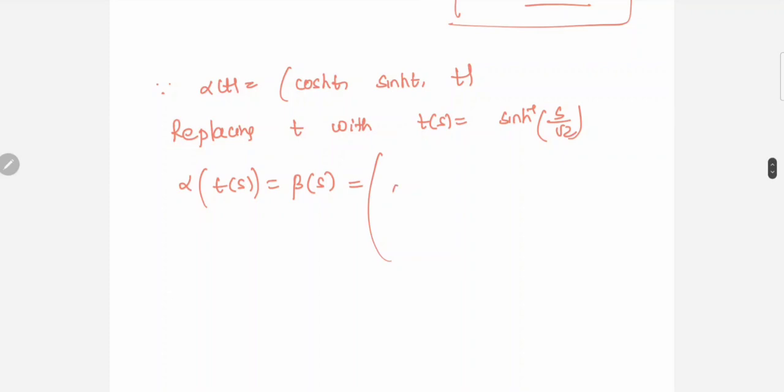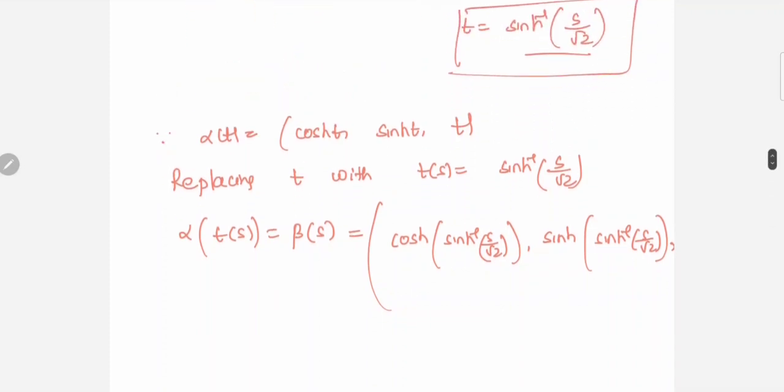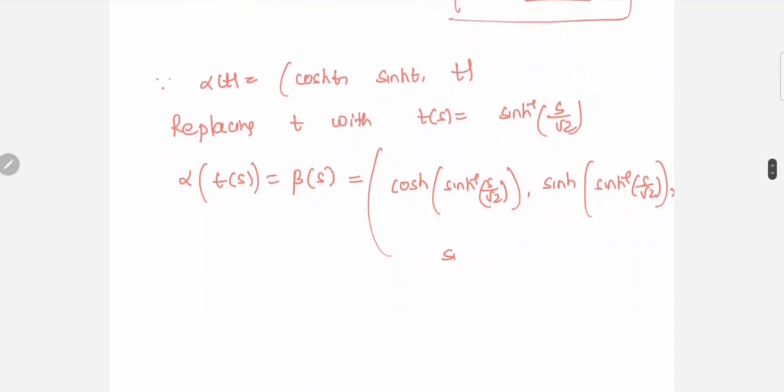This is equal to cosh of sinh inverse of s by root 2 as the first coordinate, sinh of sinh inverse of s by root 2 as the second coordinate, and the third coordinate is t, which is nothing but sinh inverse of s by root 2.